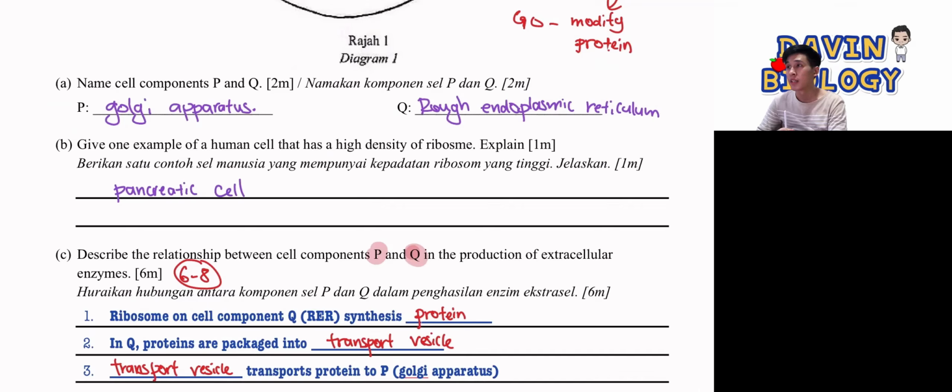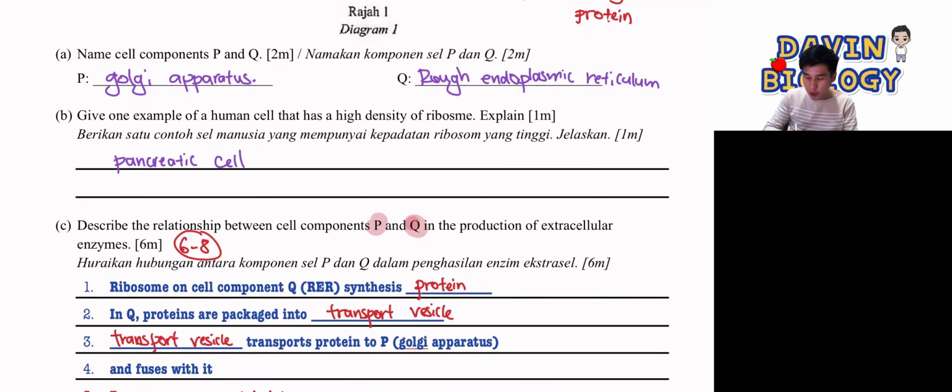And then next, it will fuse with the Golgi apparatus. So now the transport vesicle takes the protein to the Golgi already, right? It will fuse with it. Now when you write in the actual exam, you don't separate the sentence out. So when you fuse with it, you just write behind here, and fuse with it.